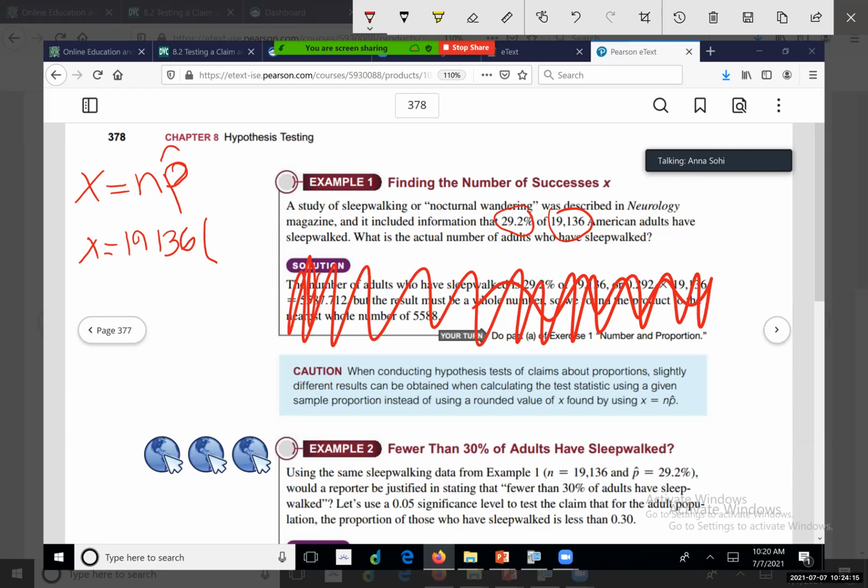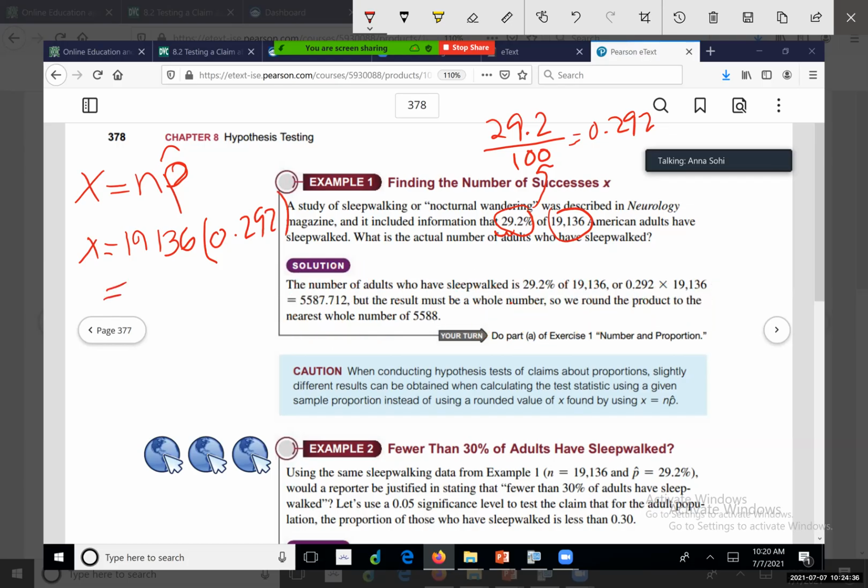To put the percent in, you take it 2 decimals back, or just say 29.2 divided by 100, which is the same thing as 0.292. Use your calculator and tell me what you get. You should get 5,587.7. You round it up to 5,588.